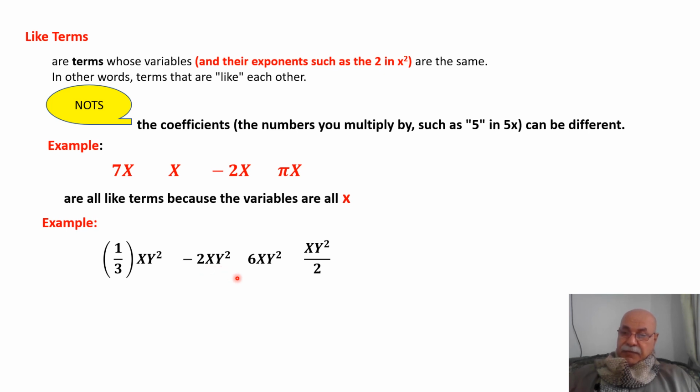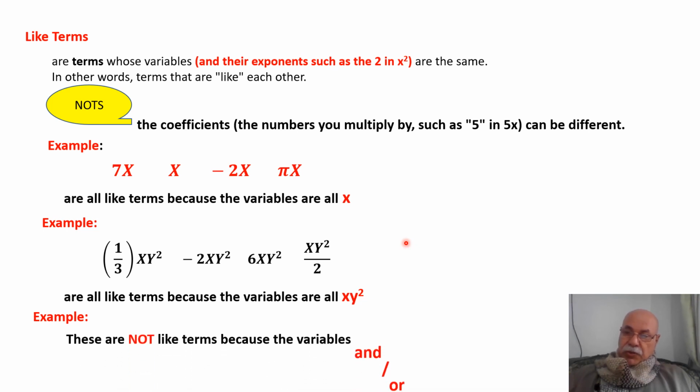This is the variable for each term. This one is multiplied, this minus, this plus, and this is divided. These are different operations, but they are all like terms because the variable is xy squared in all of them.